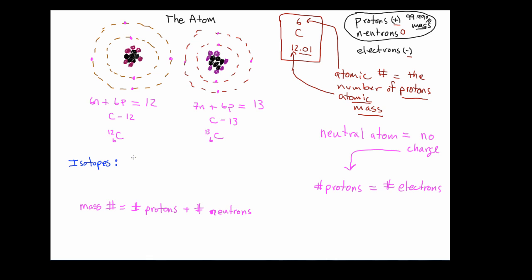An isotope is an element with a different number of neutrons. So these two carbon atoms are identical in every way except for mass.